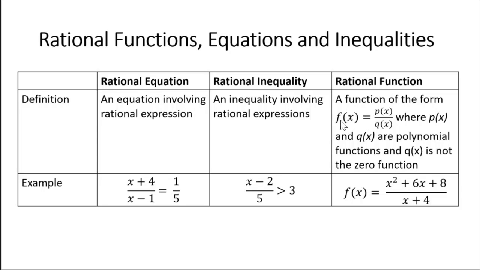A rational function is a function of the form f of x is equal to p of x over q of x, where p of x and q of x are polynomial functions, and the denominator q of x is not equal to 0, or is not a zero function. Example, f of x is equal to x squared plus 6x plus 8 over x plus 4.